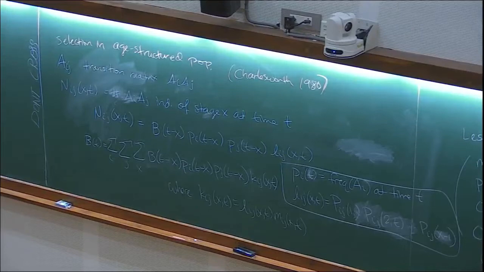So if this is true, we can ask some questions about what happens first at equilibrium. There are 2 different kinds of equilibrium to think about. There's the steady state with regard to age structure. And we also might ask, what does it look like at genetic equilibrium?